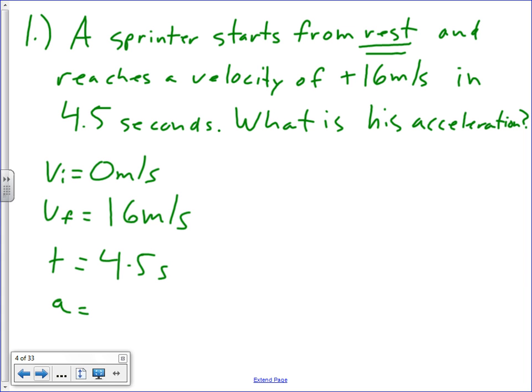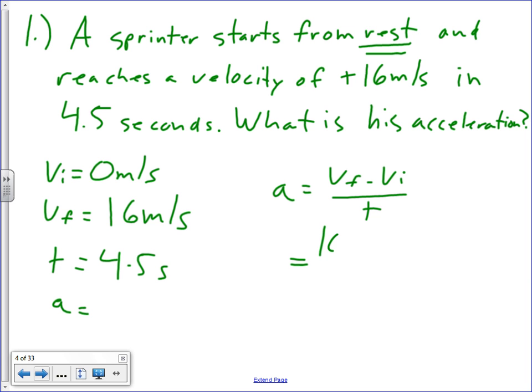The only formula on your formula sheet that has these is this one: A equals VF minus VI over T. I'm asked to solve for acceleration, and that equation is already set up to get it. So I don't have to manipulate, I just need to plug the numbers in.